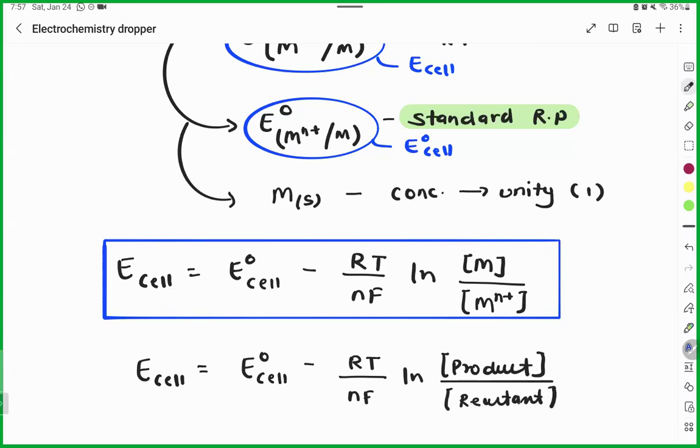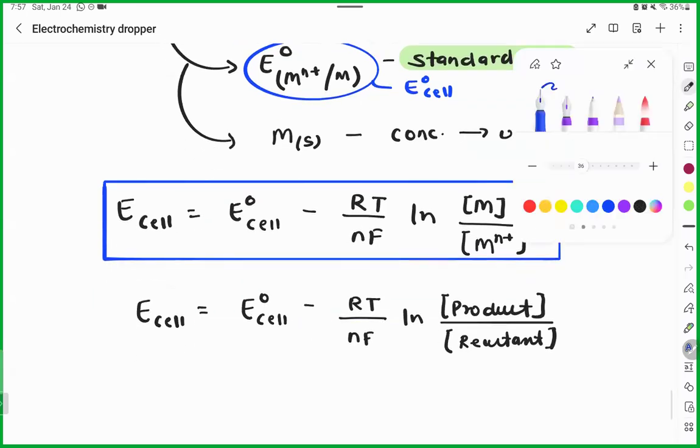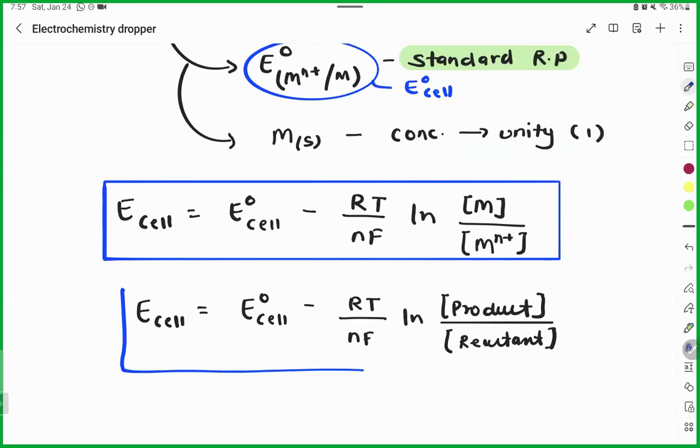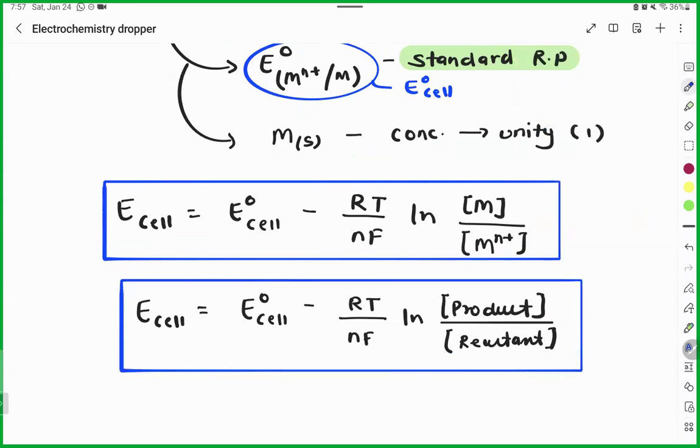For the remaining people, I recently taught this log form, right? Still I'll cover once again. This is the Nernst equation where E cell is equal to E naught cell minus RT by nF natural log product by reactant. That's all. Product by reactant.